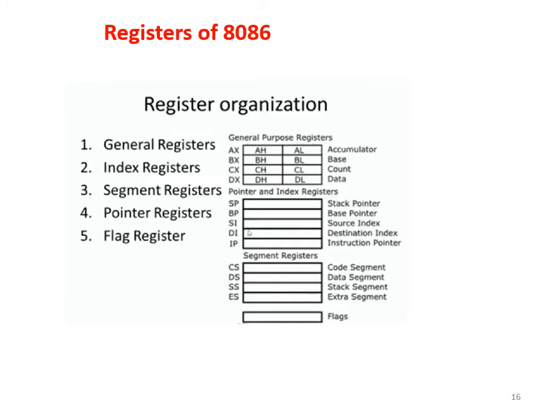Because sometimes you don't need a 16-bit computation, you are happy with an 8-bit computation. You want to add two 8-bit data. Do you need to use the entire memory capacity of that register? No. The other 8-bit part can be used for some other operations. So that is AL and AH. Similarly for BX, CX, DX, etc.